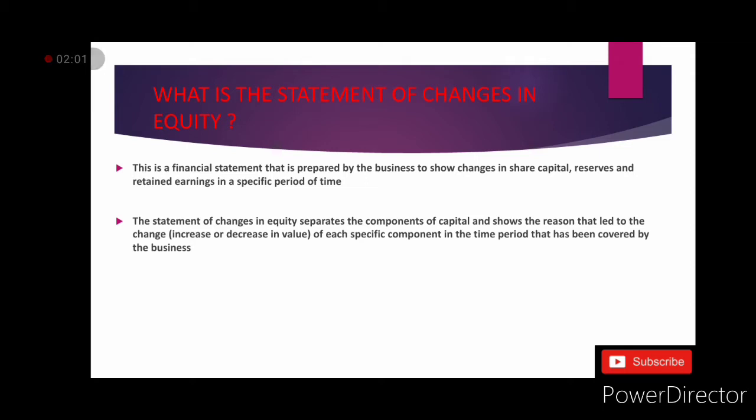It will show all the transactions that happened during that time period, and the end result, the balance at the end, basically the amount that has been recorded at the end of the time period that the financial statement is supposed to cover. So that is basically everything about the statement of changes in equity.